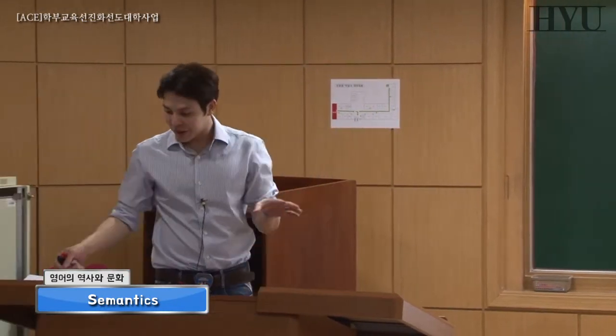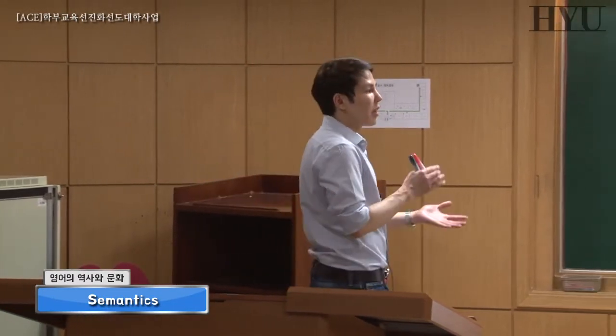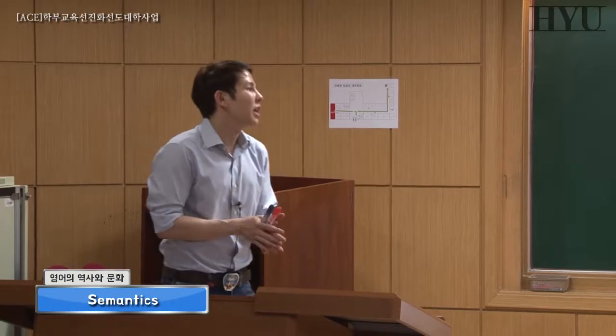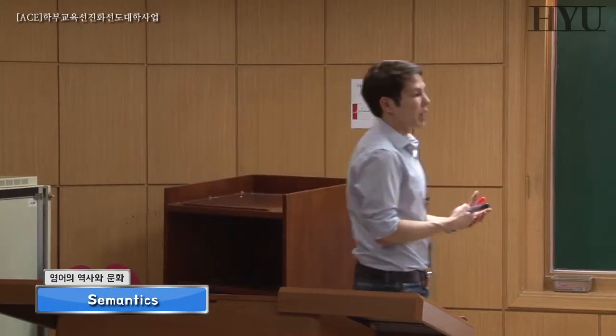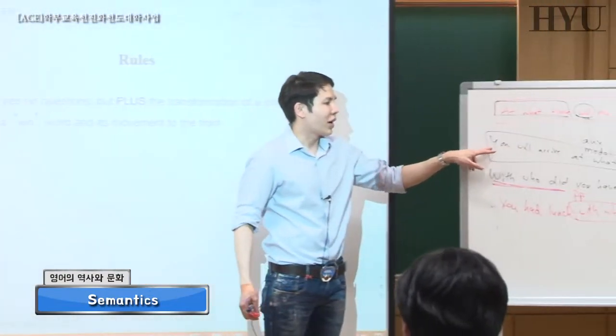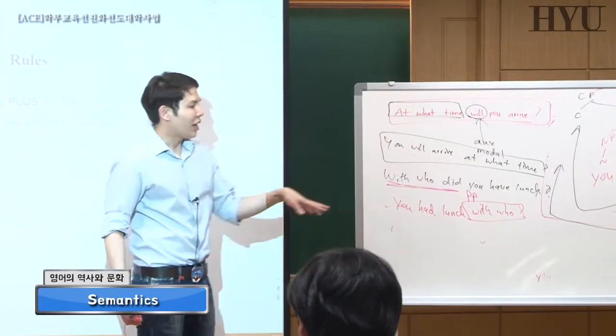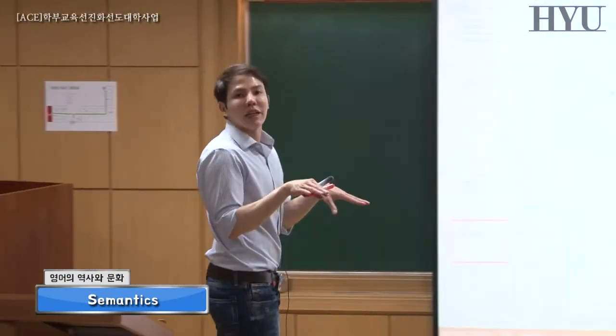All different types of movement in syntax are all theoretical, meaning that they are abstract. Okay, and we said that there's movement because we have evidence like echo questions. You arrive at what time, or you had lunch with who, right? That is what we call the underlying structure.